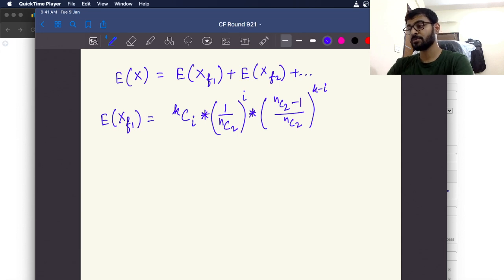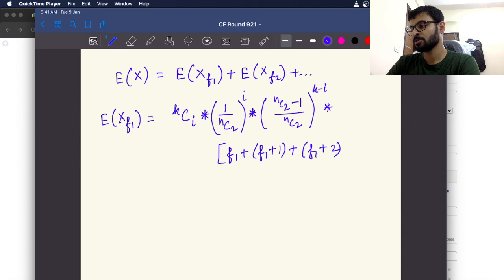If it is chosen i number of times, my value will be something like this: f1 plus (f1 plus 1) plus (f1 plus 2) plus dot dot dot up to (f1 plus i minus 1).